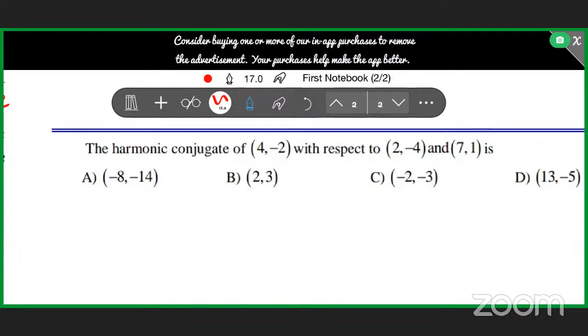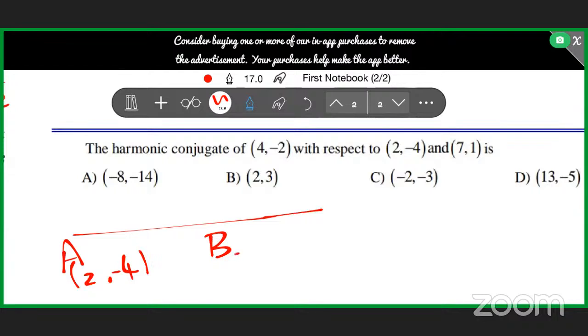First of all, we should know the basics of this diagram. Once you know the diagram, you'll understand how this works. Let us consider a diagram with A and B, where A is (2, -4) and B is (7, 1).